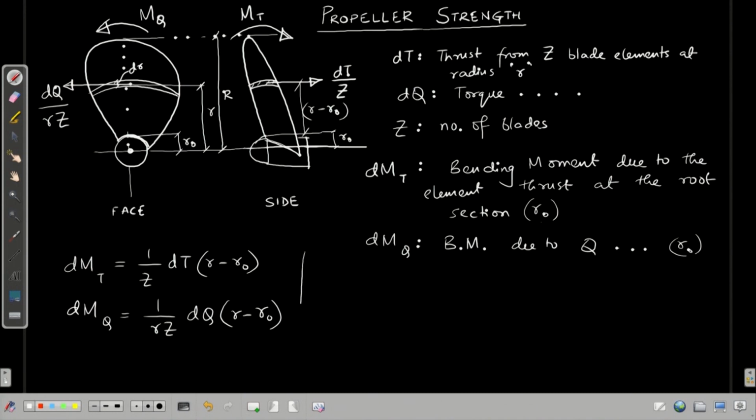Now, if we try to get the bending moments due to thrust on the propeller blade at the root section, that means all these elements, we will have different elements right from the root to the propeller blade tip.